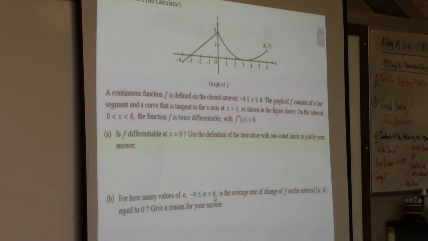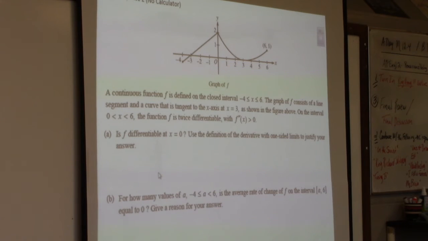So if the average rate of change is equal to 0, what has to be true? The top would have to be 0, and what's the top doing? Finding the difference in your y values. So that means your y values would have to be the same.